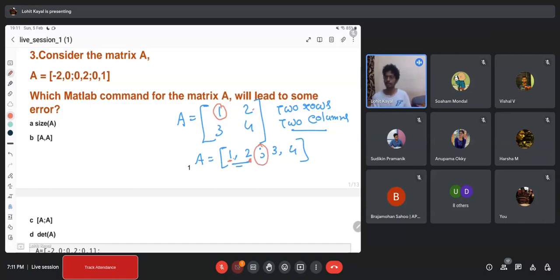Then the next element will start from a new row. So you see the first row stops at 2, then it is going to the new row using the semicolon. Then again the first element will be 3. Again, comma means column separation. That means it will be in the same row but in a new column. So then I am going to column 4. Okay, let me give you another example.